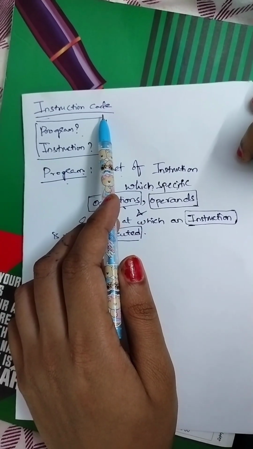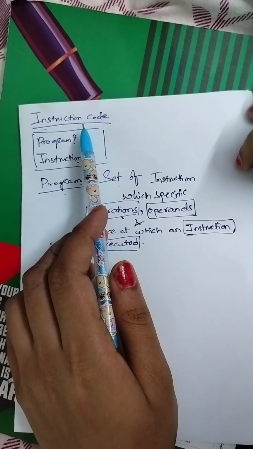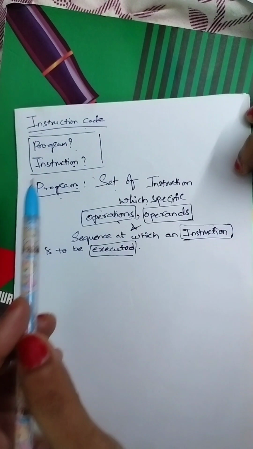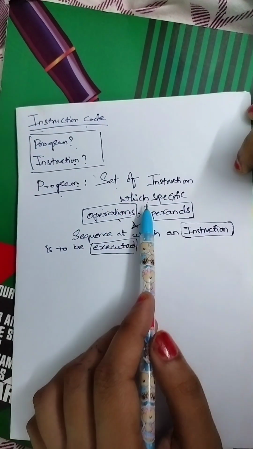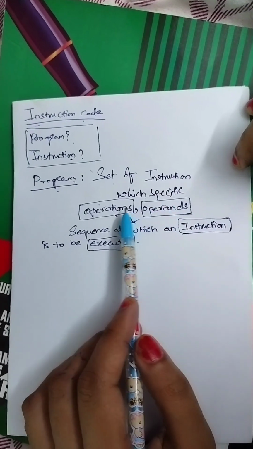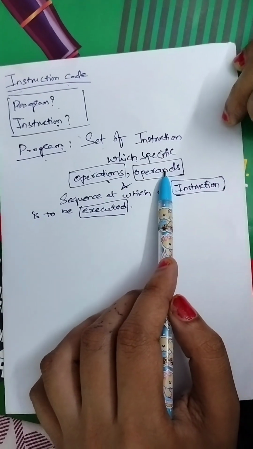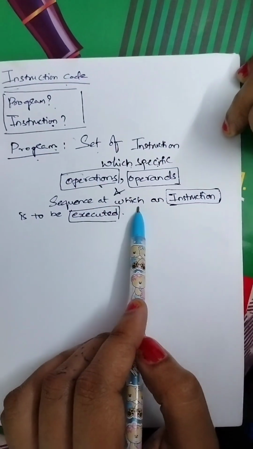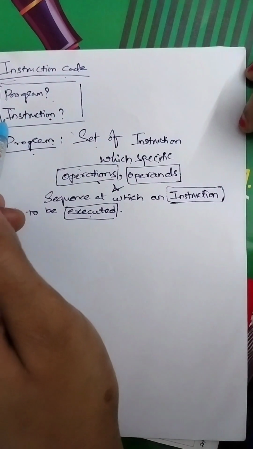We should have a basic idea about a program and instruction in order to know about instruction code. Hence, a program is a set of instructions which specify operations, operands and the sequence in which instructions are to be executed. Moving on to instruction.